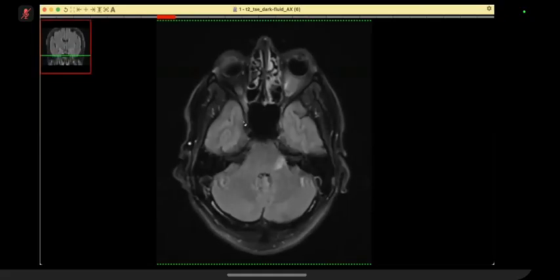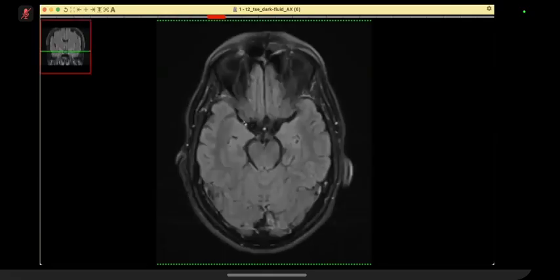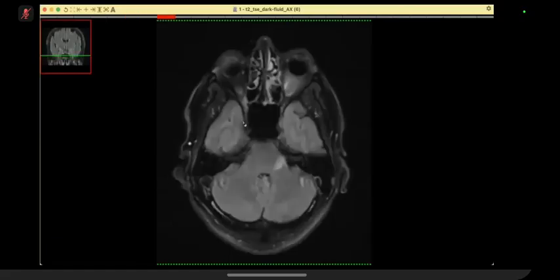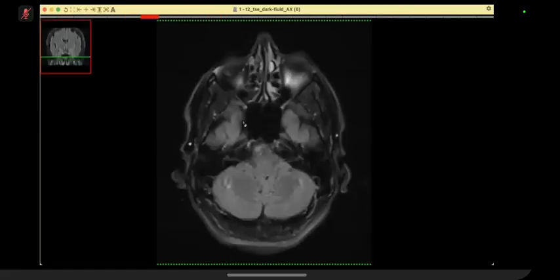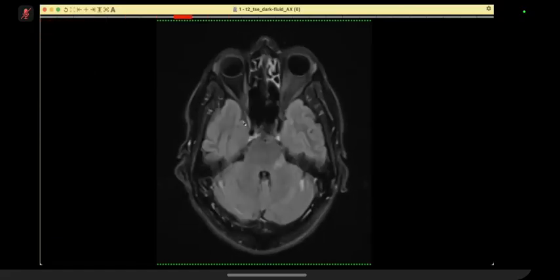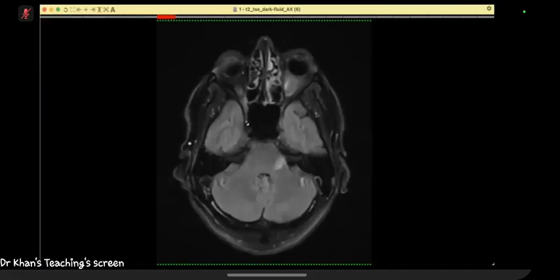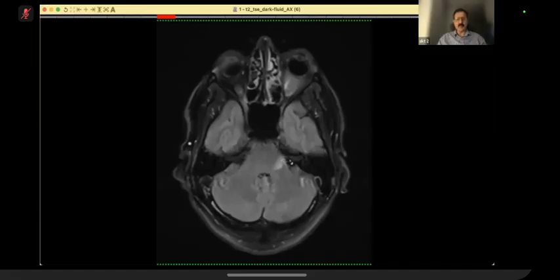The other side looks patent, or looks normal, of low signal intensity. So my differential for this could be a neurogenic tumor. You know, this is sitting within the parenchyma, right? It is not outside. But yeah.